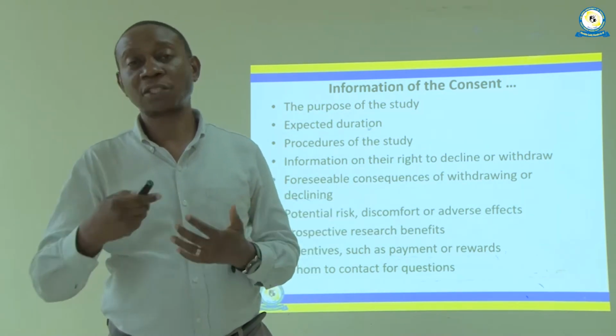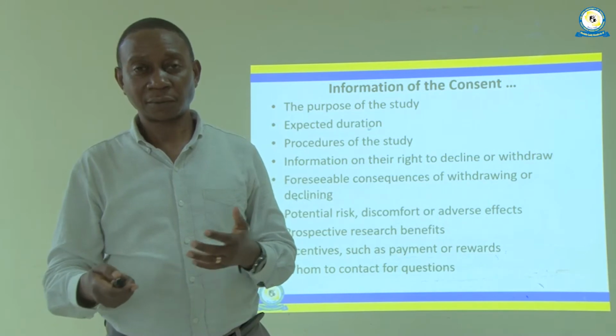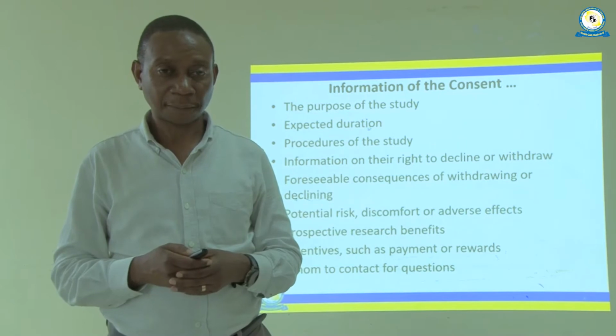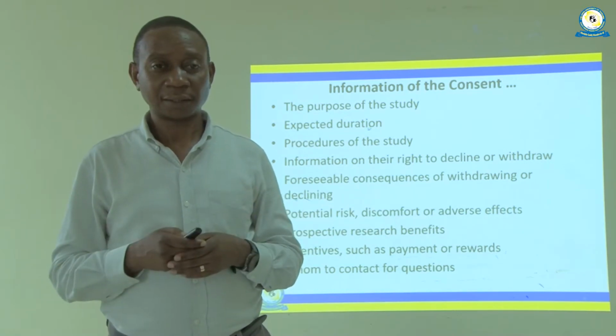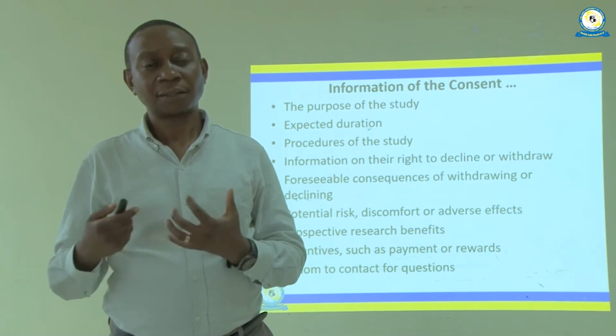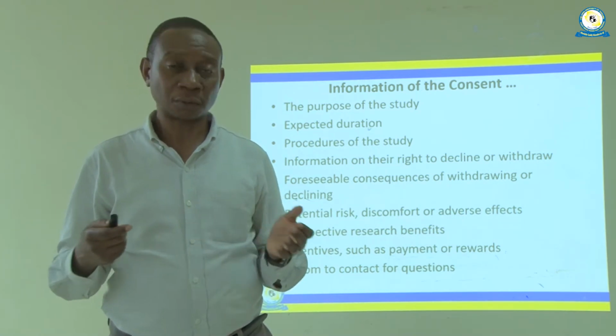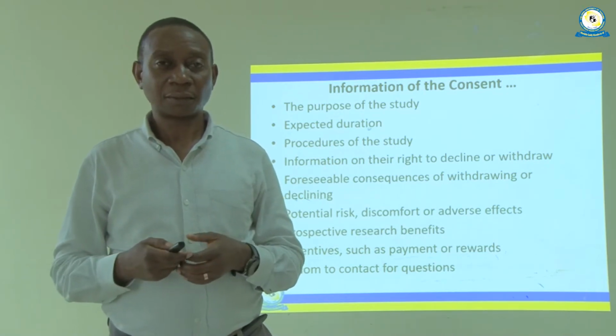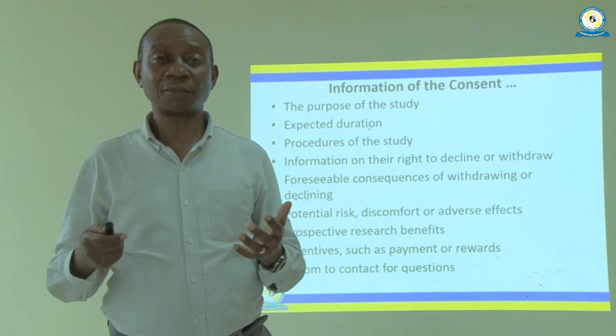For how long will your participant be involved in that research? The time duration. And also, you need to state the procedure of the study. In fact, your participant should know what the procedures are. What is he going to be involved in?